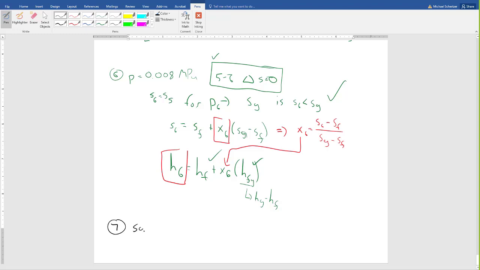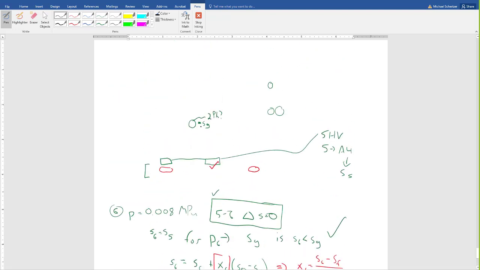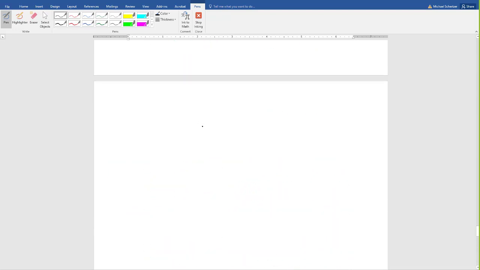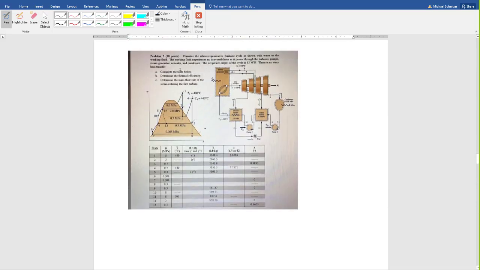State 7 is a saturated liquid. P7 is equal to P6, so H7 is equal to HF at P7. We can also get S7 is equal to SF, also at P7, but I don't think we'll need it.